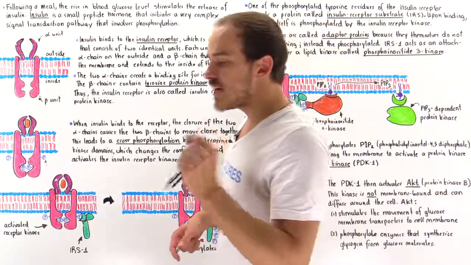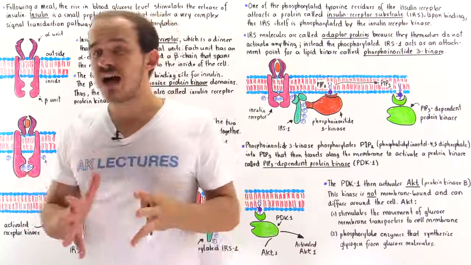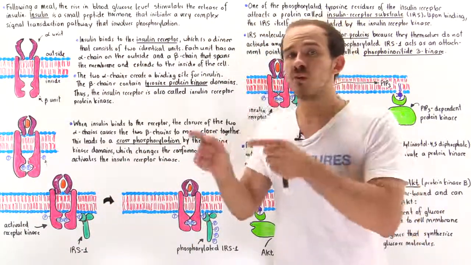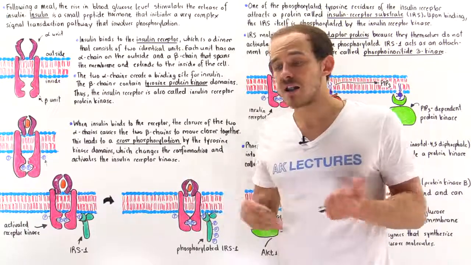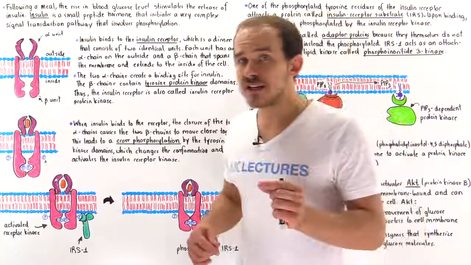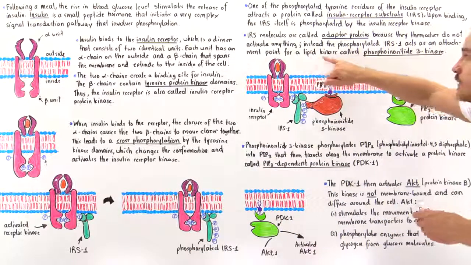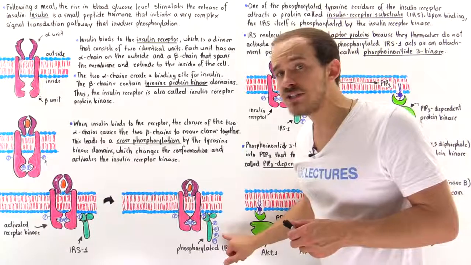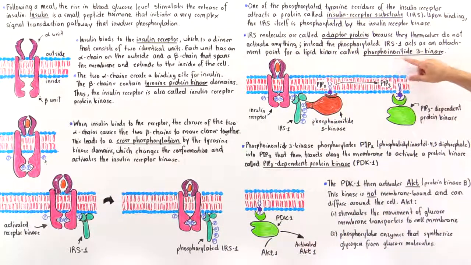And remember, lipid kinases are kinases that take a phosphoryl group from ATP and move it onto some type of fat molecule, some type of lipid molecule. To be more specific, the lipid kinase that this actually attaches to is known as phosphoinositide 3 kinase.